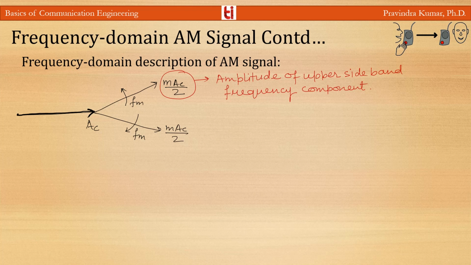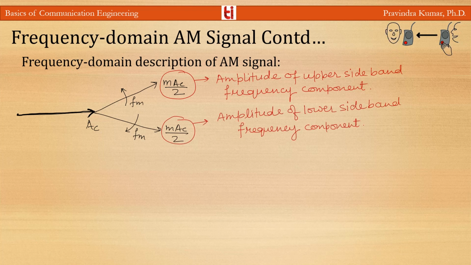It will appear to rotate at a frequency of fm in the counterclockwise direction with respect to the carrier phasor. And the lower sideband component has the amplitude m Ac by 2 and frequency fc − fm, and it will appear to rotate at a frequency of fm in the clockwise direction with respect to the carrier phasor.